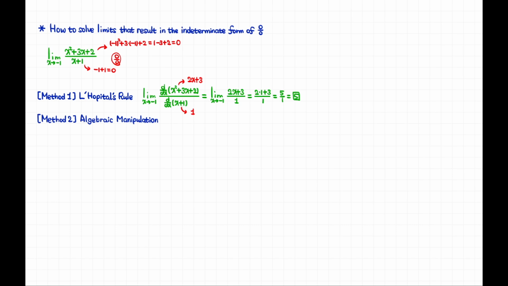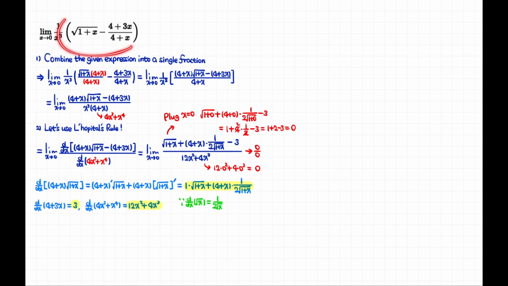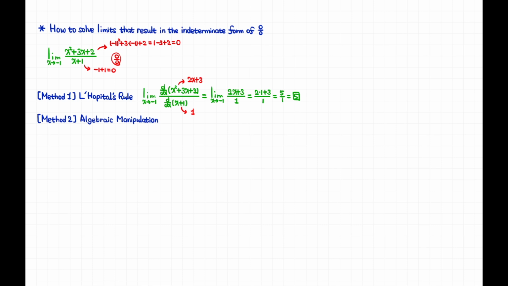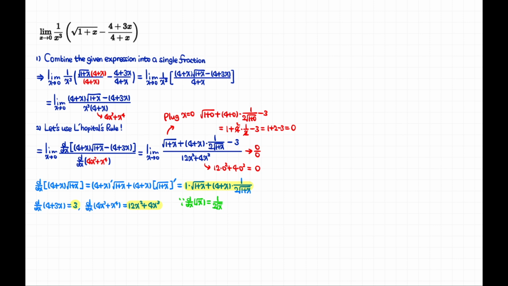But in rare cases, like this problem, applying L'Hopital's rule once doesn't get you out of that 0 over 0 form. Which means you'd have to apply it more than once. And the problem is, for this problem, there's a square root involved in it. And you also have to use the product rule.